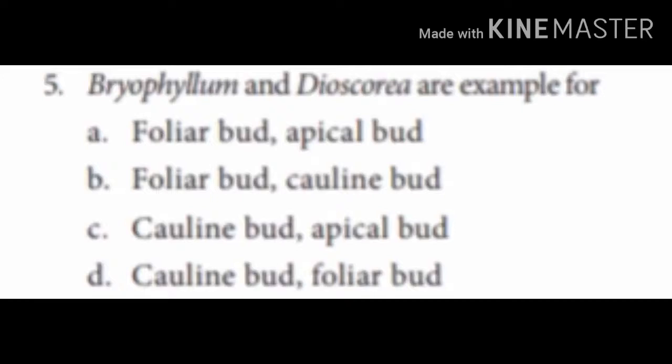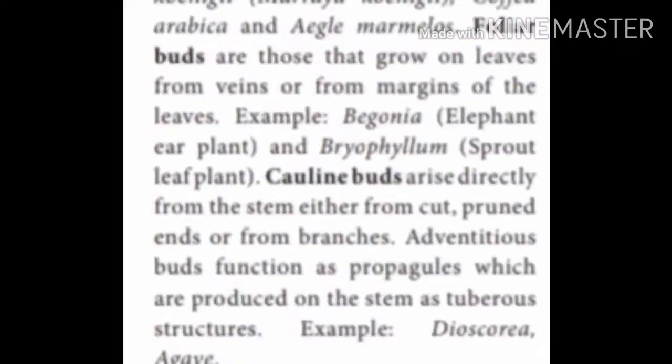Last, question number 5. Bryophyllum and Dioscorea are examples for. So these are 2 kinds of buds. We have to find what type of bud it is. To learn this, let's turn the book to page number 71, adventitious bud, topic 70, page number 71. In this paragraph you can find foliar buds, or those which grow on the leaves.